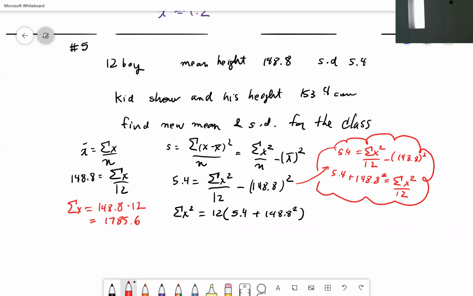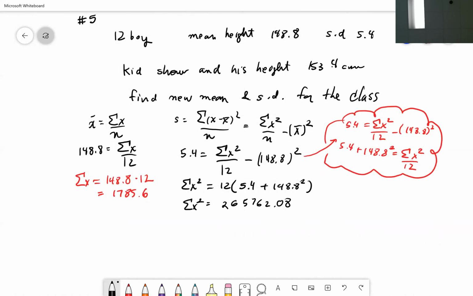And you get that the sum of x squared has to equal some big number here, which is 265,762.08. Now, the sum of x for the first 12 boys is equal to 1,756.6.